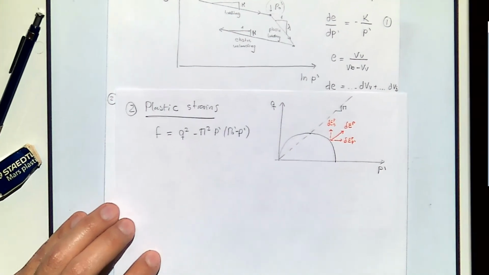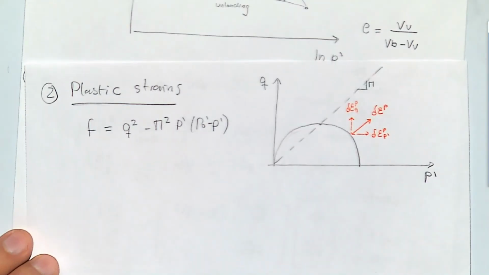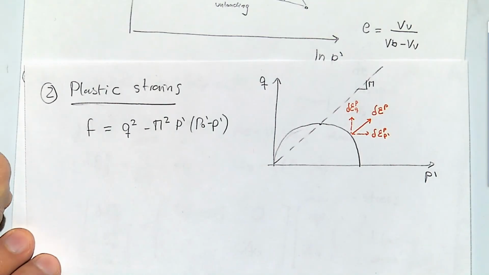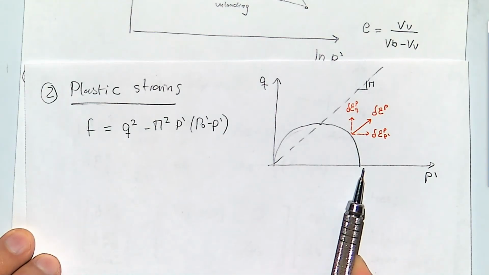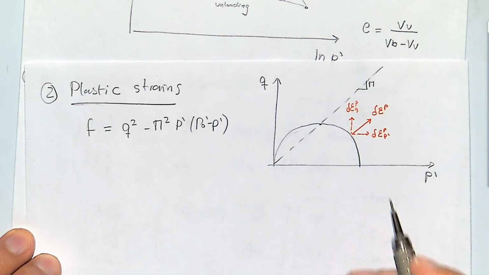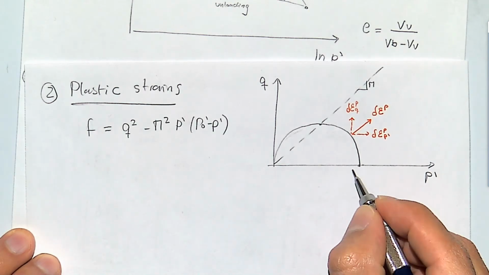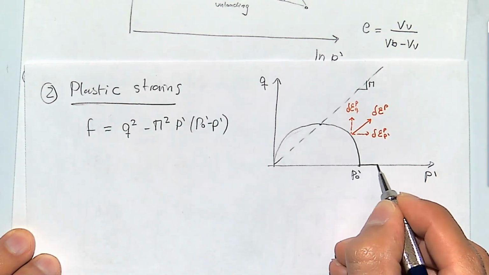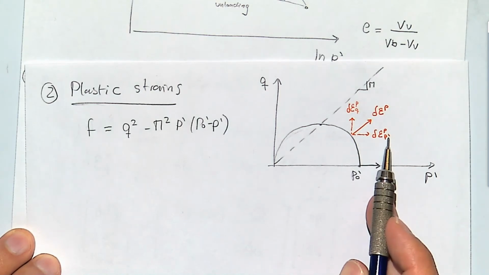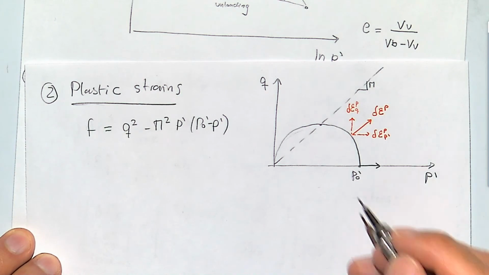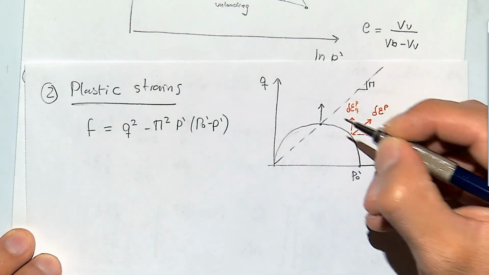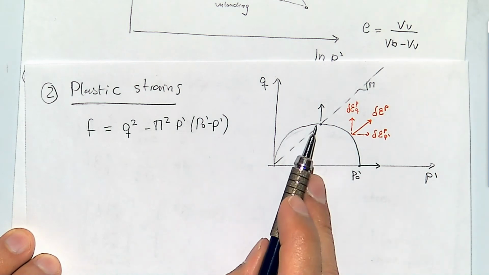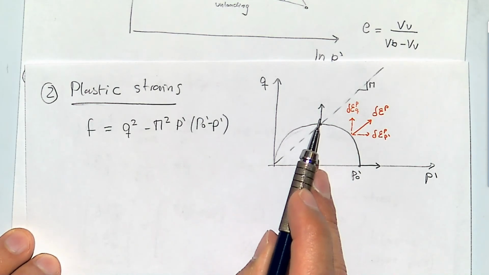For example, when we are at this point, the vector is just normal to here, and we just have volumetric component. There is no deviatoric component. When we are at the critical state line, we have just a deviatoric component.